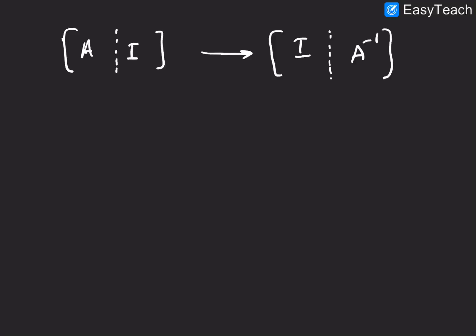So by using elimination of row operation, you're going to change this left side of the matrix. You're going to have to make that into an identity matrix. Okay.